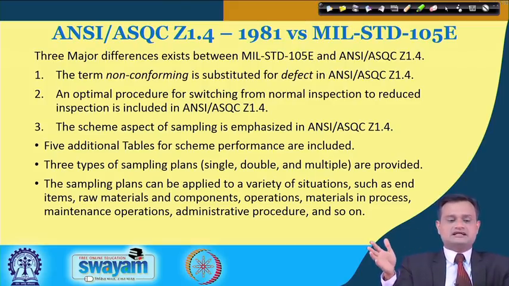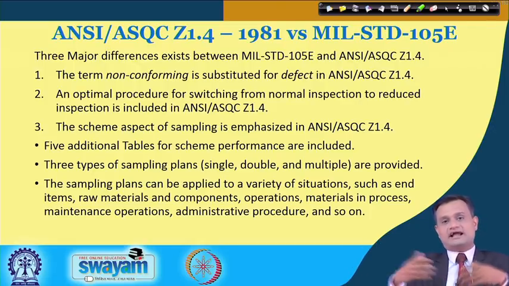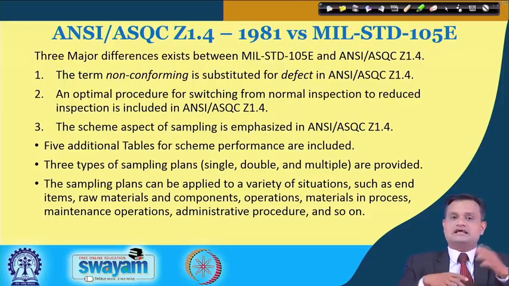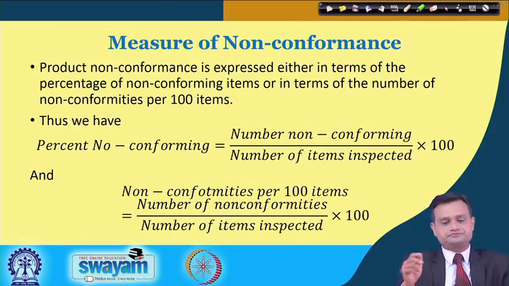Five additional tables for scheme performance are included, with three types of sampling plans, single, double and multiple, and the sampling plans can be applied to a variety of situations. It may be the end material, or the raw material, or components, or operations and so on.